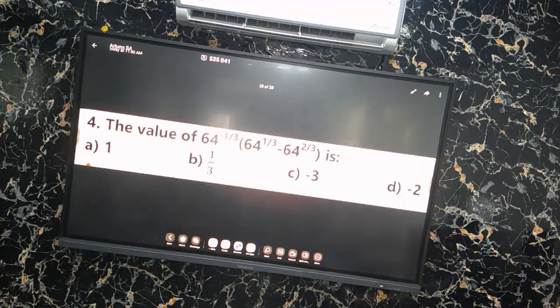Option C, minus 3. Okay. Minus 3. Good. I want everyone to solve it and tell me. Option C.